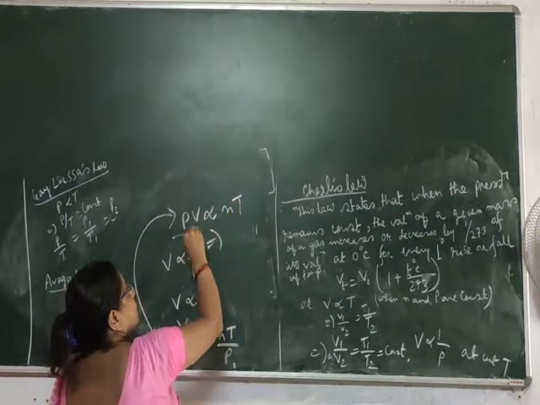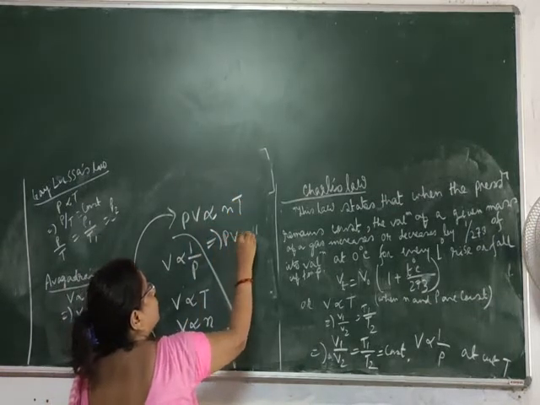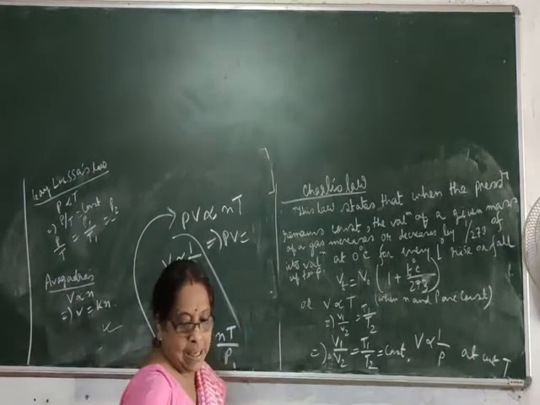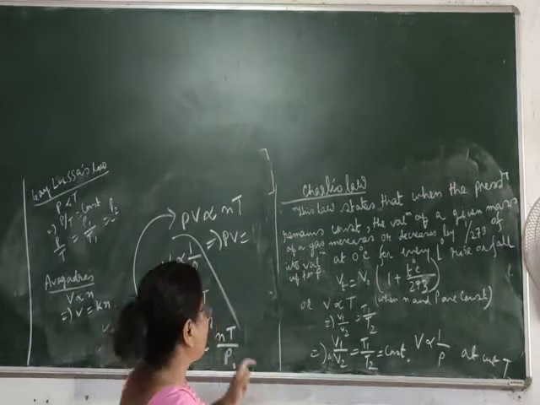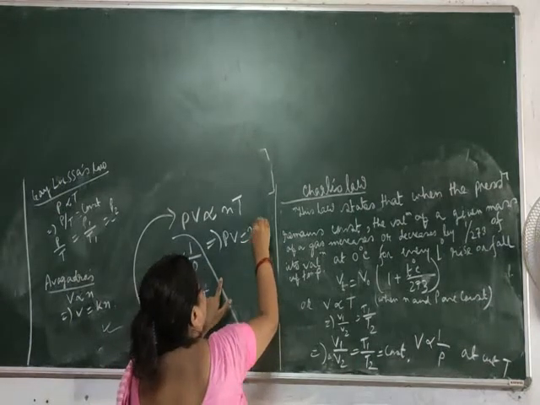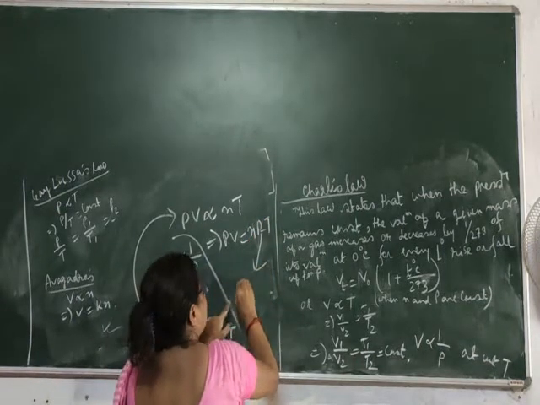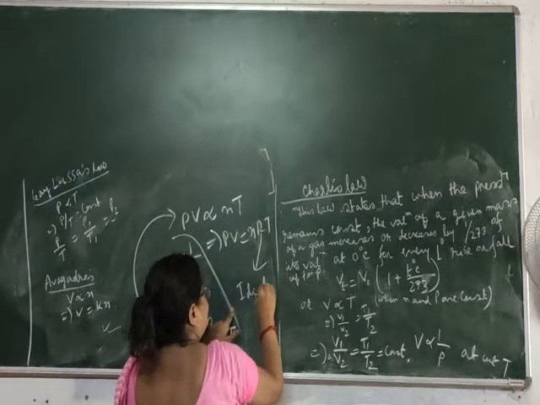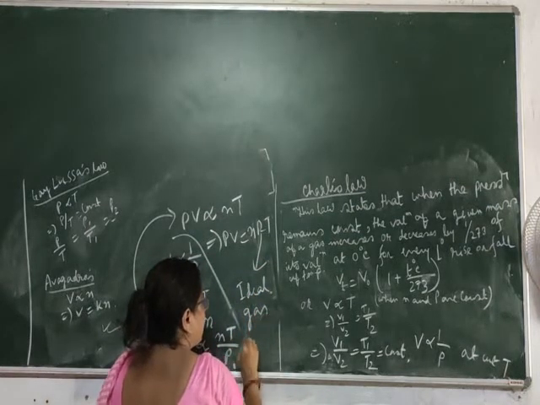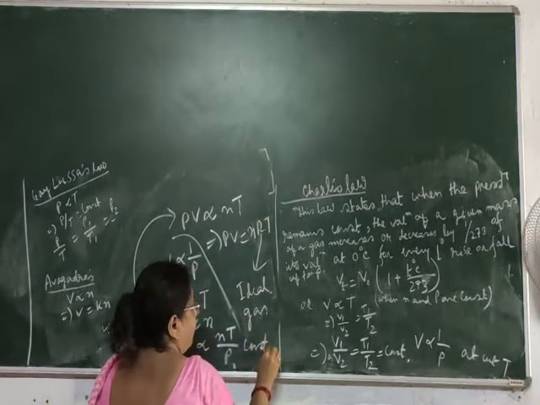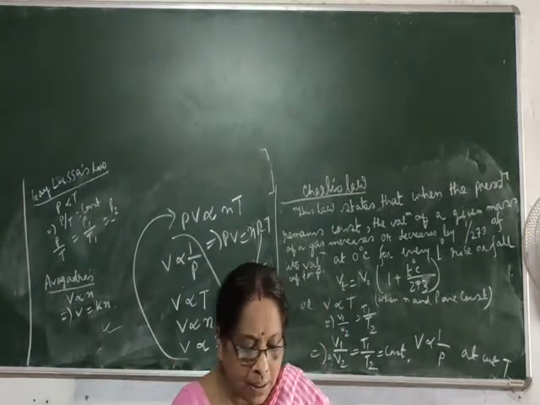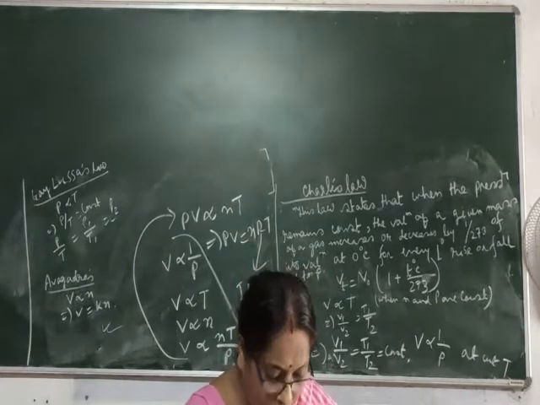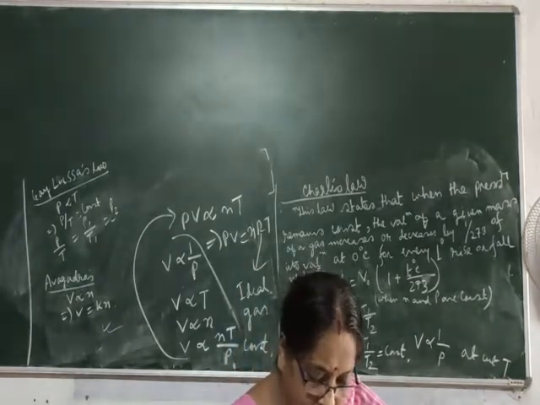So we can write PV is equal to nRT. So this R is our ideal gas constant or universal gas constant, and we can solve different types of problems by using different values of R.